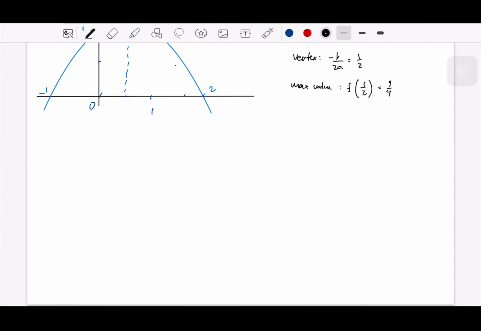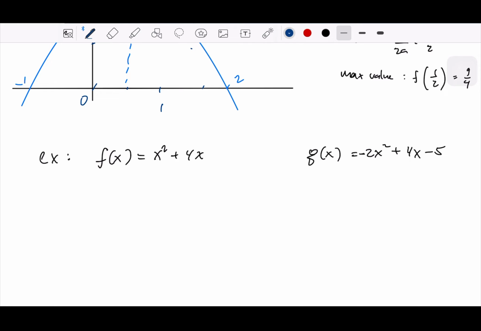Let's say we have another example. Let's say we have x squared plus 4x, and we have another function, negative 2x squared plus 4x minus 5.